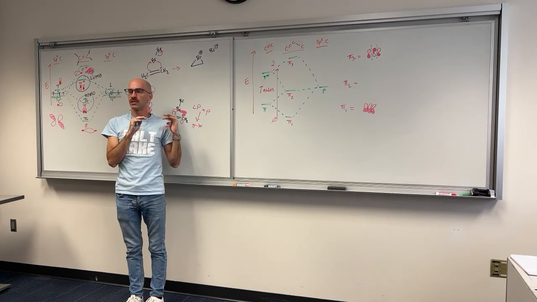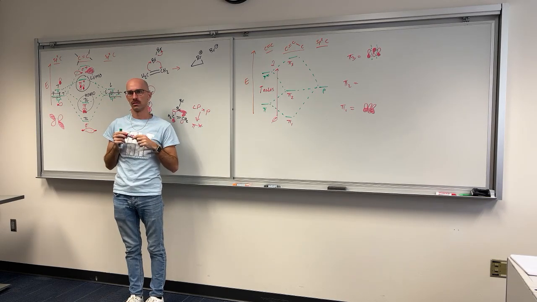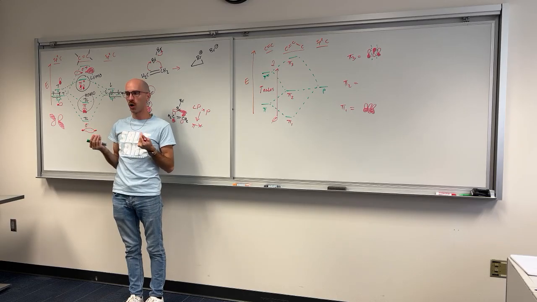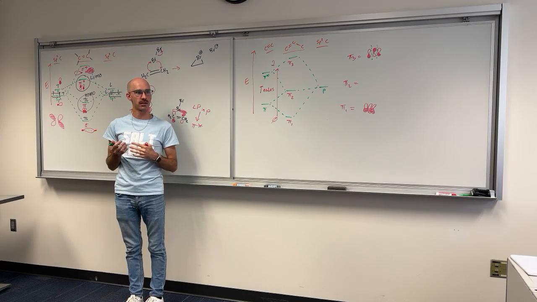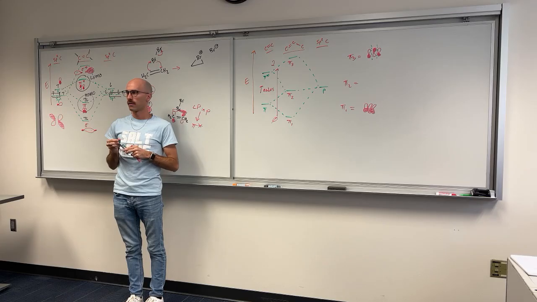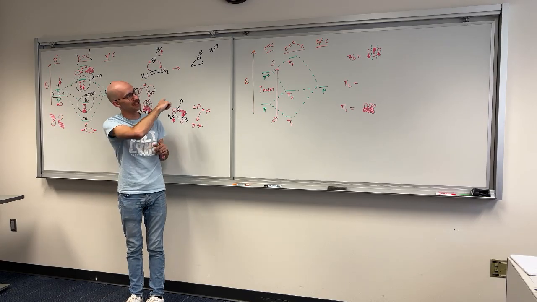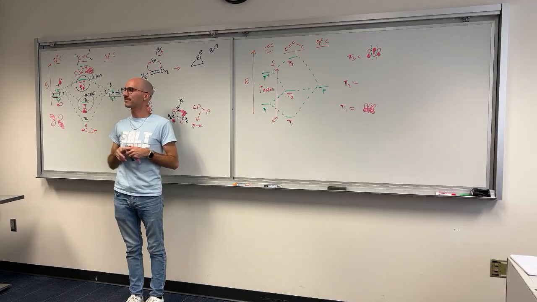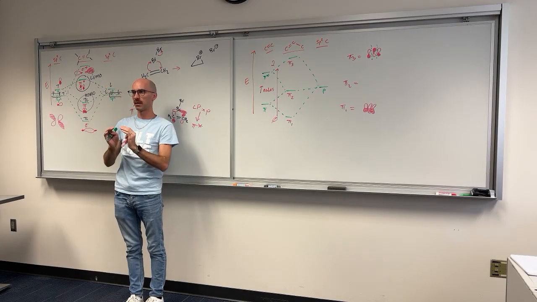How many nodes in pi 2? 1. Where will it fall if it falls symmetric? No, because they actually already have an angular node there. Good point though. Because they got that top lobe, bottom lobe.